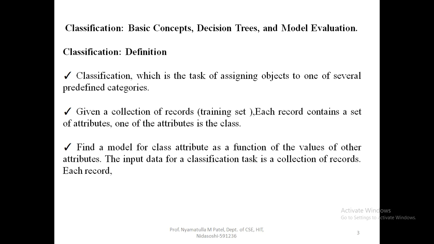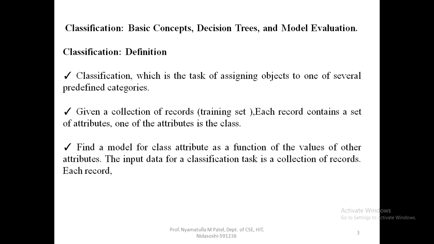Whenever you give an input to test which class it belongs to, that is called testing. Every record will contain a set of attributes, and out of those attributes you need to decide to which class a particular object belongs.